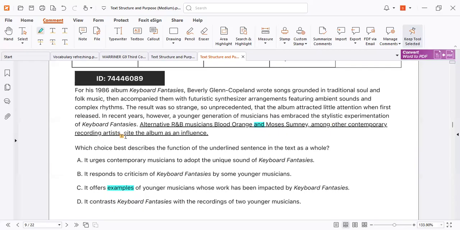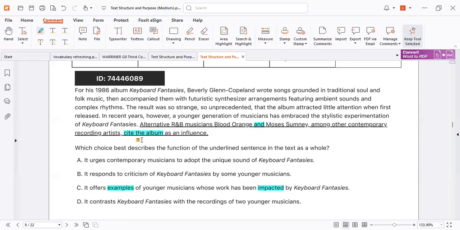All of these cite the album as an influence. So examples of younger musicians whose work has been impacted. They cite the album as an influence. This means they were impacted by this album.